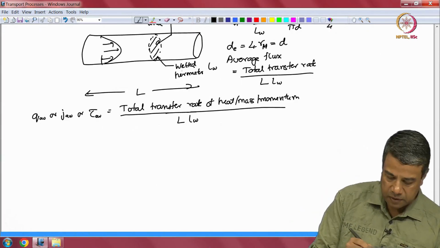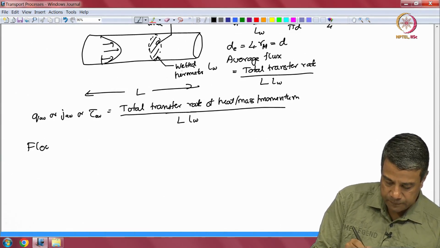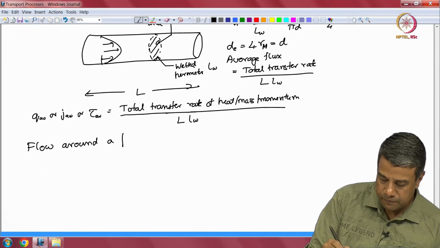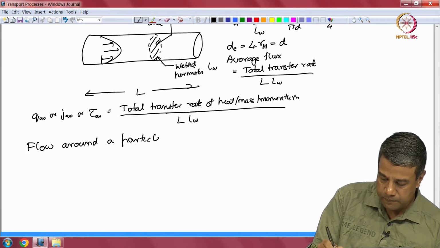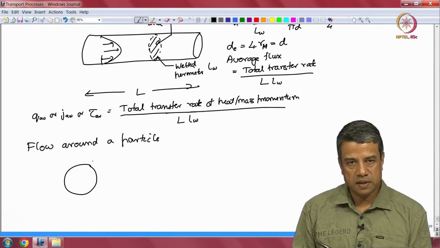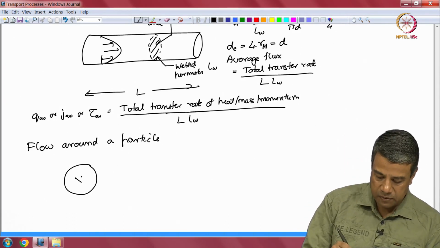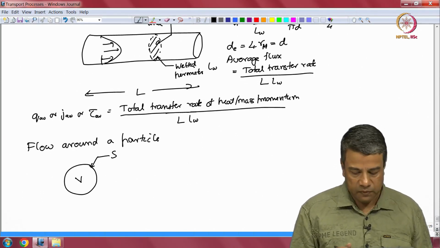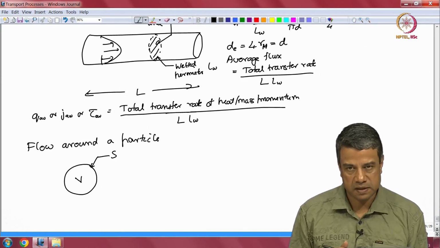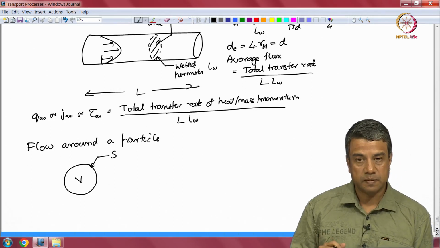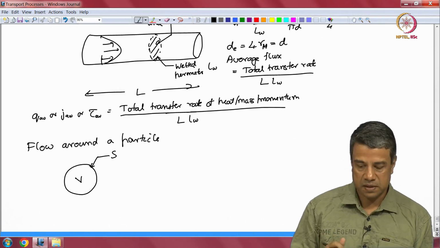Now, how about for flow around a particle? Consider a particle which has some volume V and surface area S. It could be of any irregular shape.